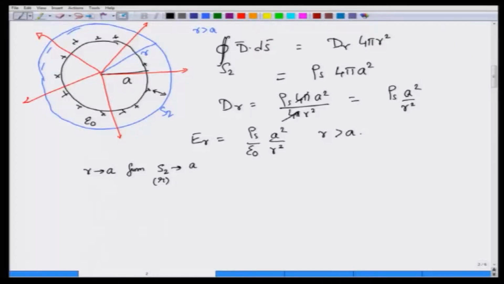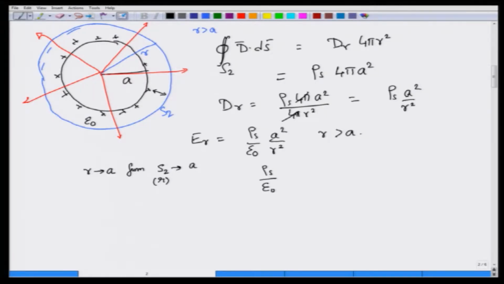What would be the value of the electric field predicted? The value of the electric field predicted will be obtained by writing r equal to a. So, when you substitute r equal to a, this will become rho s by epsilon 0, right. So, from the outside of the shell, as you start moving towards the inside, you are going to predict an electric field of rho s by epsilon 0.